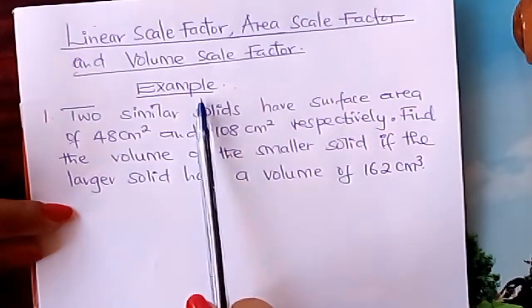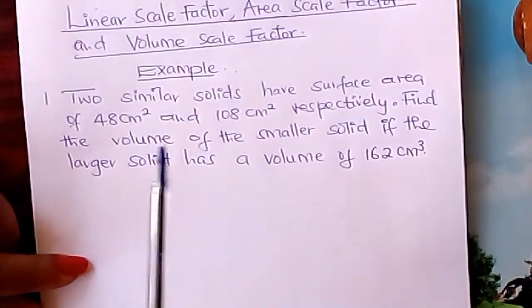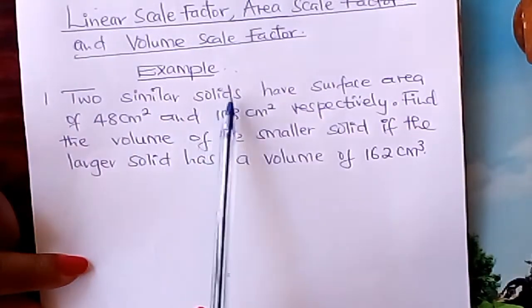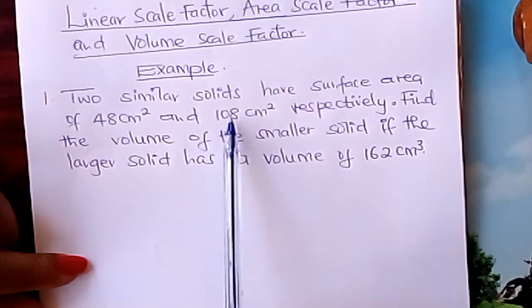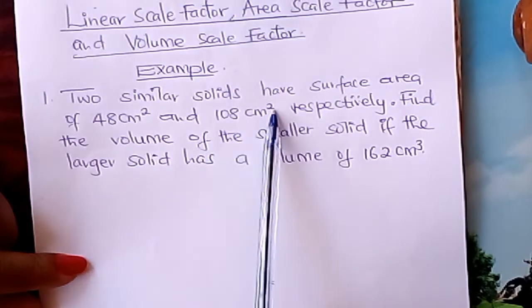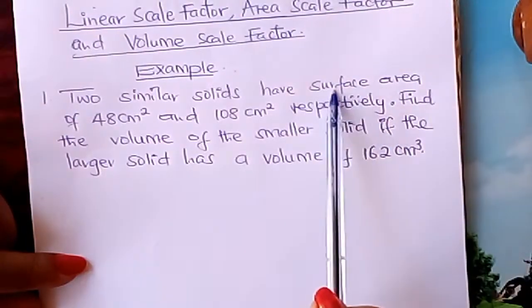Now, let us look at this example here, learner. Two solids have surface areas of 48 centimeters squared and 108 centimeters squared respectively. That is to do with the surface area.